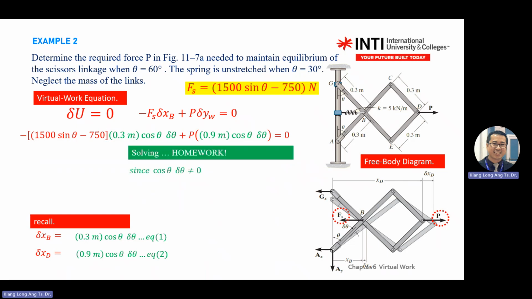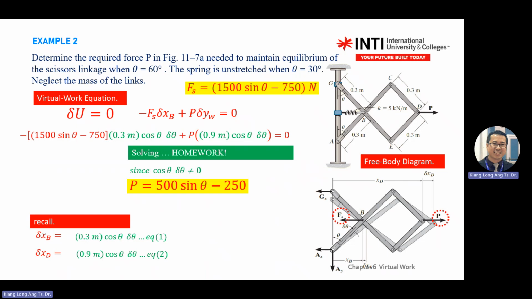Okay, so it's lengthy work. Because it equals 0, you will come to a stage where you bracket something, bracket cos delta theta. Delta theta cannot be 0, so from the rest of the things you'll get P equal to this one.